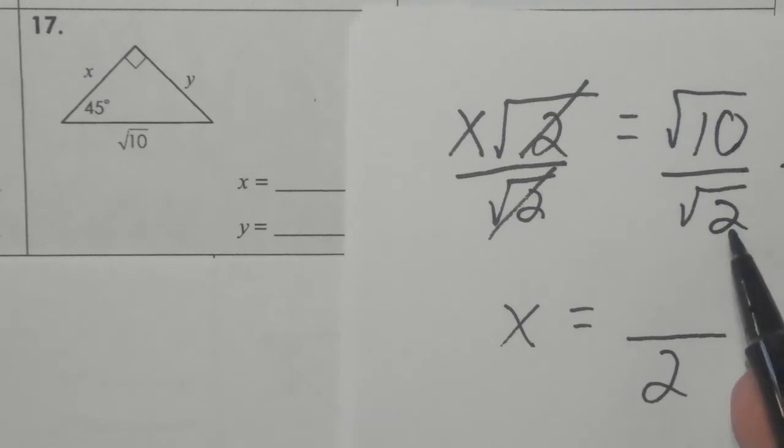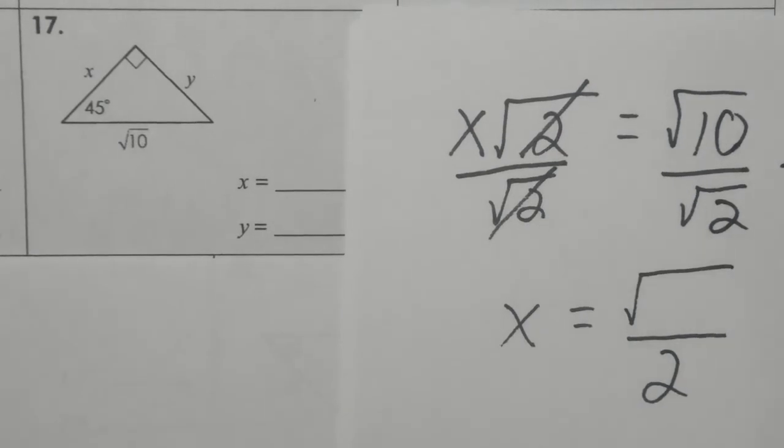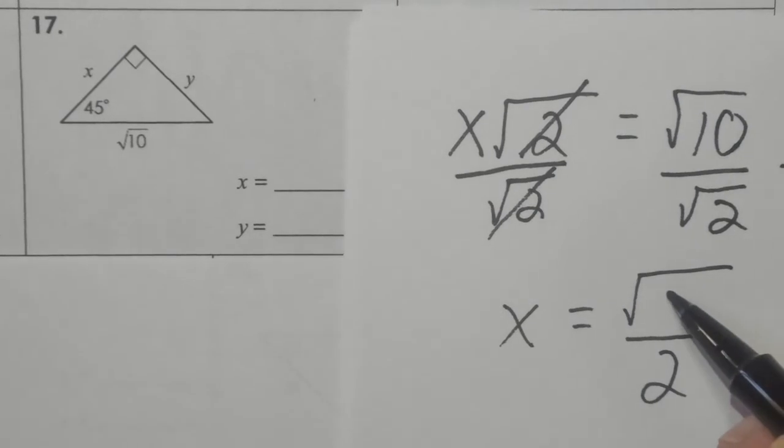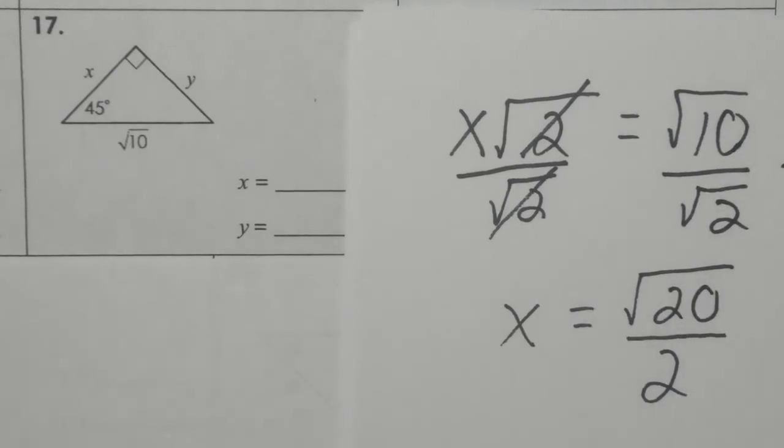So you're left with just whatever was under the radical. Okay? In the numerator, we have the square root of 10 times the square root of 2. Since both of these are under the radical, they're going to stay under the radical, and then you can just multiply them just like normal. So 10 times 2 is 20. So for number 17, the legs are both the square root of 20 over 2.